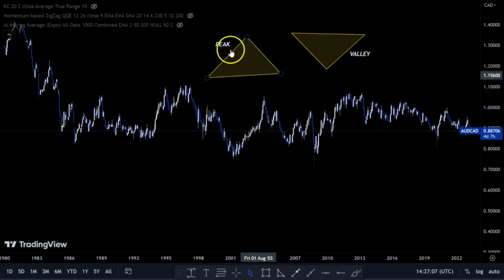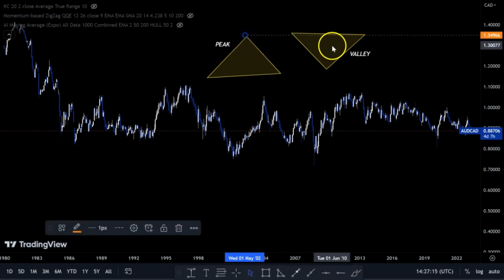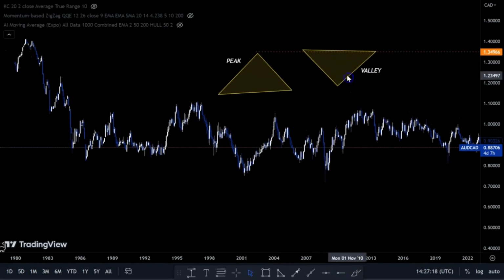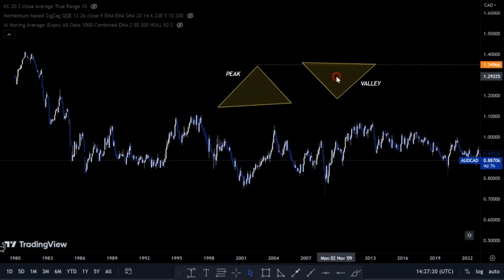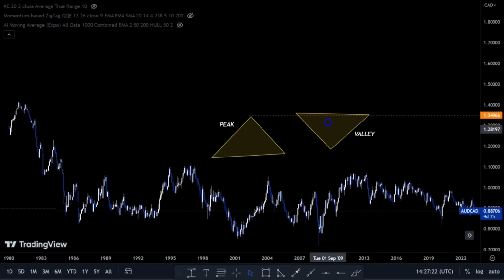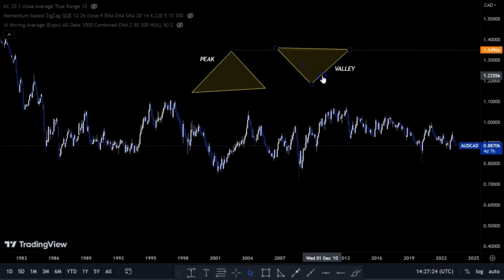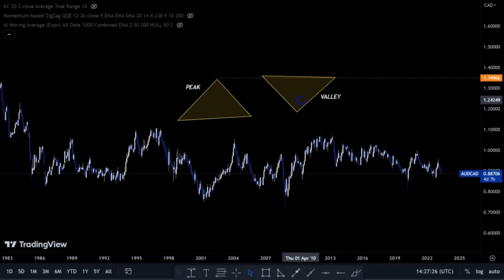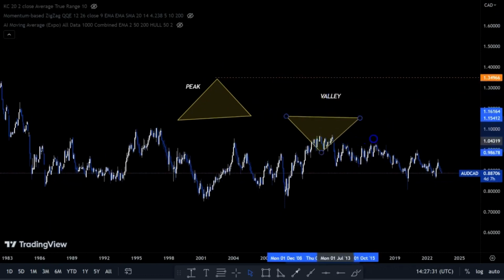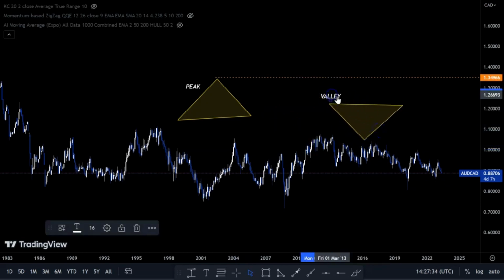So why is this a peak? Just in layman's terms, it is a peak because this first point is here. Let me shift this away so that we don't confuse things. Bear with me, guys.